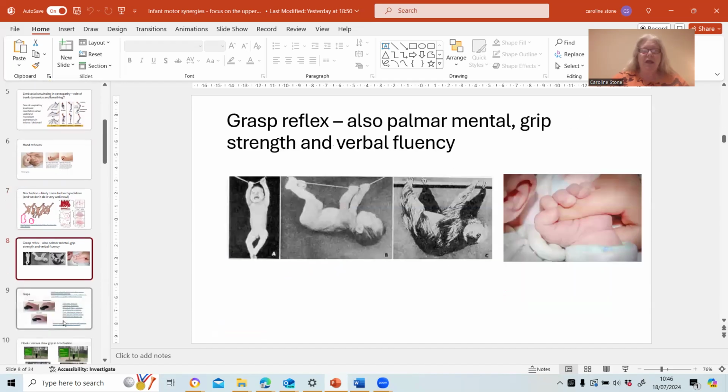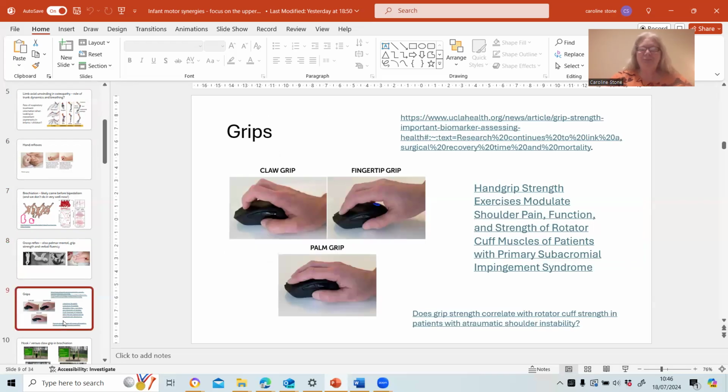It's going to be very interesting when we're looking at how the upper limb is organizing itself as a whole. And so here we've got just a few interesting pictures of the grasp reflex in infants, a pretty powerful motor sensory dynamic.